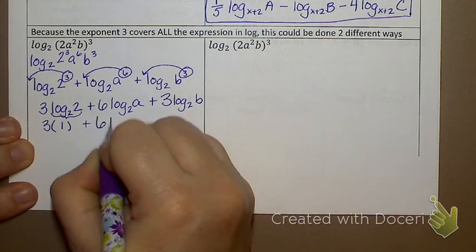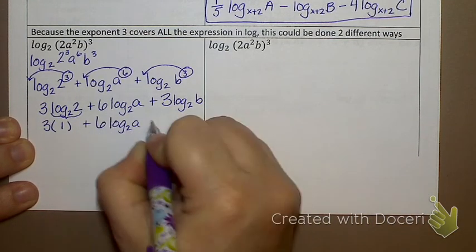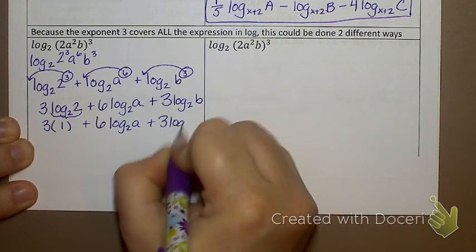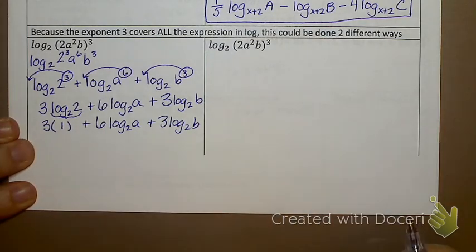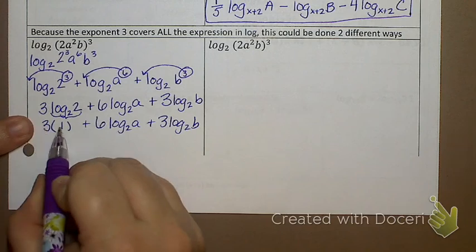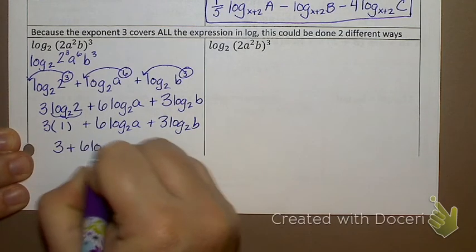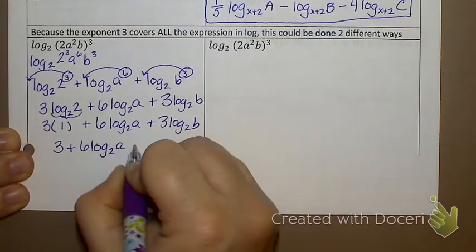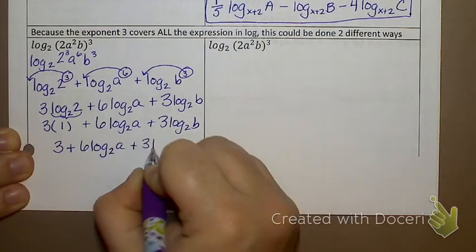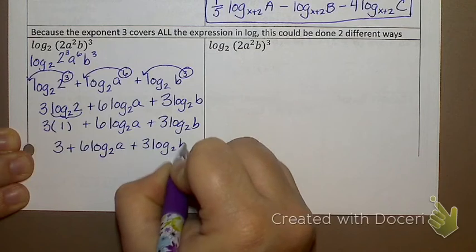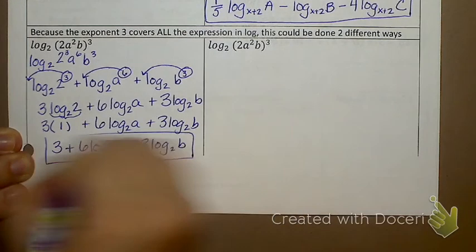Plus 6 log base 2 of a plus 3 log base 2 of b. So what do you think my final answer looks like? 3 times 1 is 3 plus 6 log base 2 of a plus 3 log base 2 of b. And that's my most simplified form.